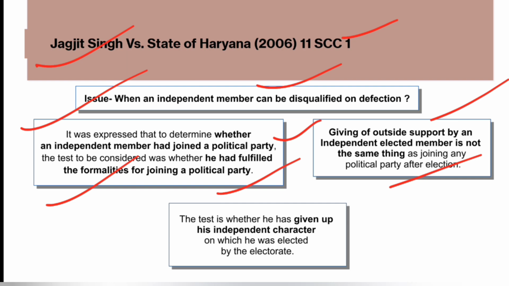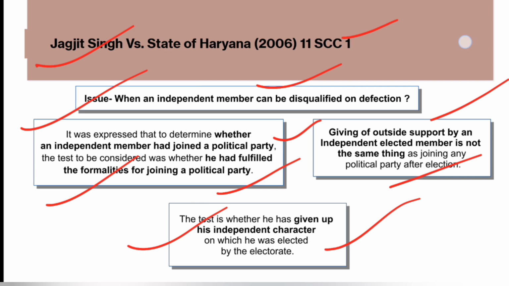Thirdly, it was said that the test is whether he has given up the independent character on which he was elected by the electorate. There must be something showing that he has given up his independent character. In that case, it can be defection.